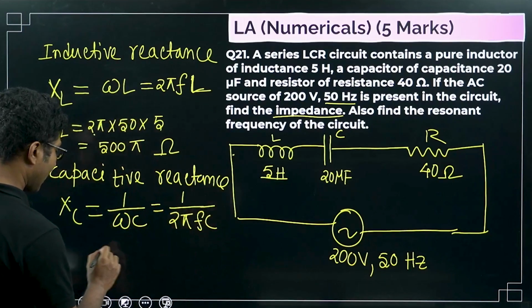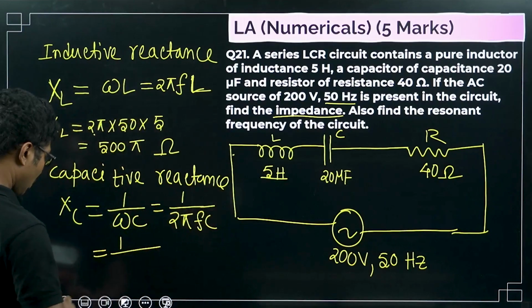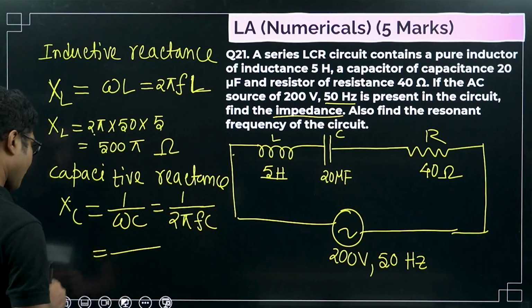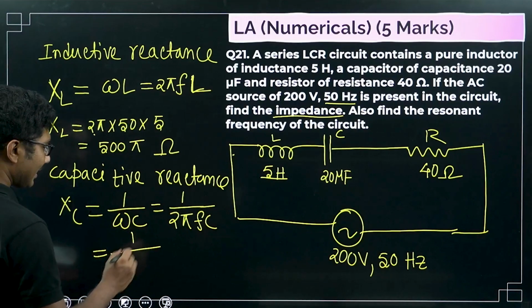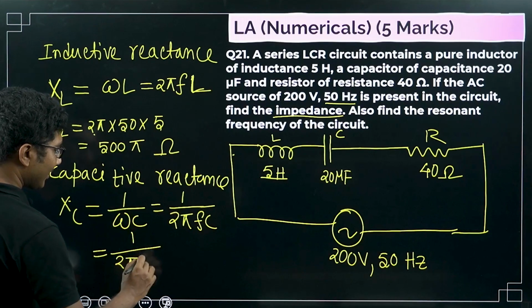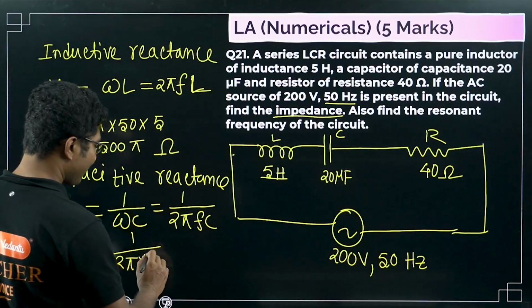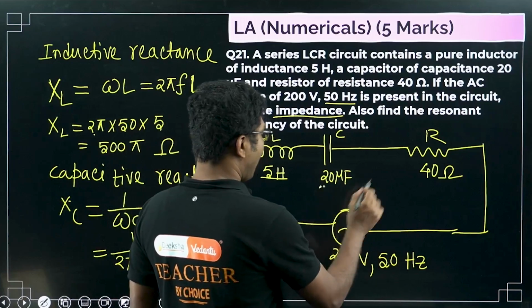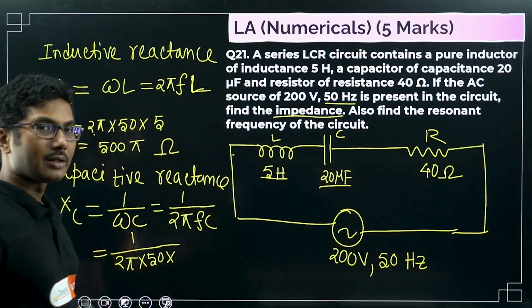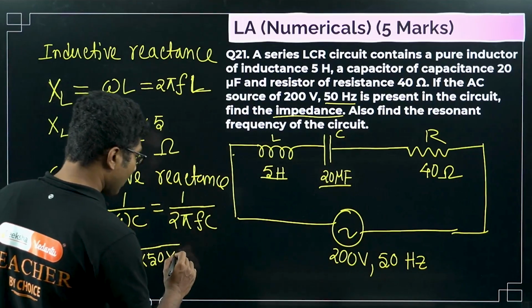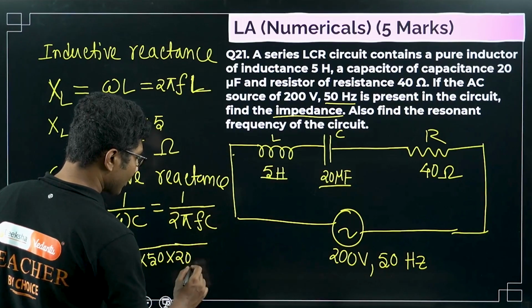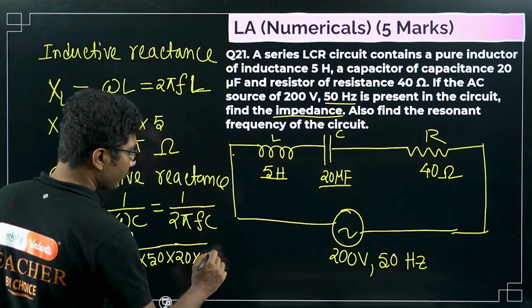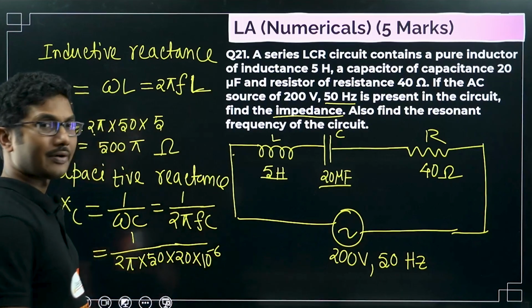Now let's put the values. 1 by 2 pi, f is 50, and the capacitance is given 20 microfarad. So be careful, they will always be given in terms of microfarad, nanofarad, so you have to adjust the 10 to the power value.